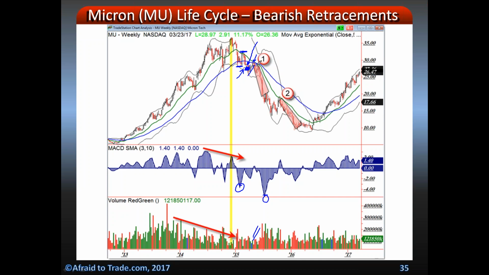Short from the moving average to the Bollinger. In this case, it got really, really nasty. So a new momentum low, volume on the downside surges, we want to short the pullback. We don't really get a pullback until about the end of the year. And then, of course, down she goes.